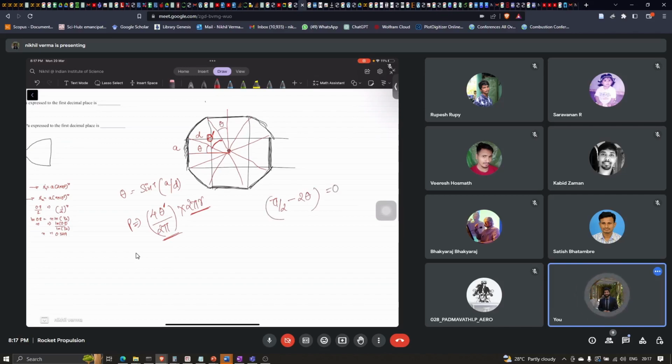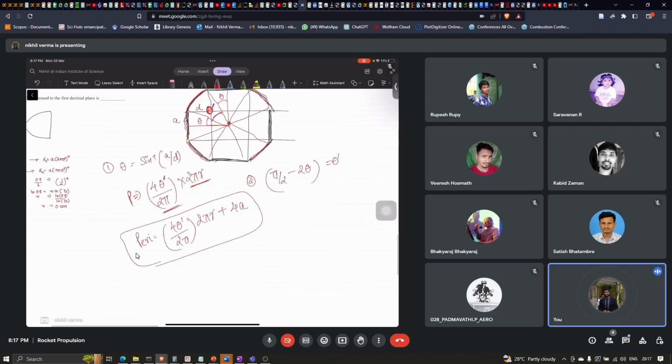This will be equal to theta dash. So first you have to calculate this theta, then you have to calculate this theta dash, which is this angle. Then you can find the perimeter of this part using this relation. Therefore the net perimeter will be equal to 4 into theta dash divided by 2 pi into 2 pi r, plus 4a for the 4 sides.